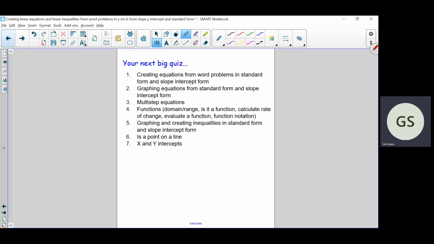What was it? Oh, evaluate. I do need to go over that. Some of you didn't know this. If you have f of x, it's the same thing as y. But then all I said was f of 2. What's that equal? You have to plug in the 2 for the x. This just means x is 2. That's all that means. So if x is 2, then I just put a 2 there. So f of 2 is just 7.